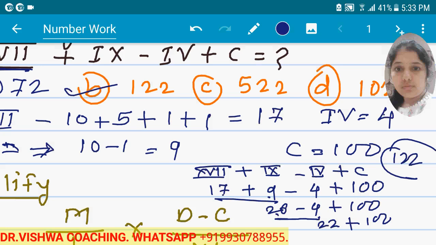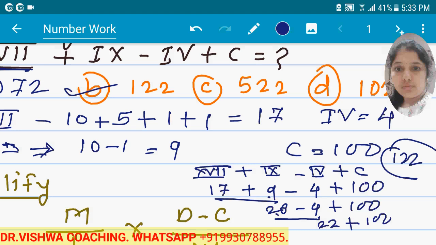So this is the way to solve when the numbers are given in Roman format and the answer is given in international format. You have to write those Roman numbers in international numerals first and then do the operation. Here for addition and subtraction there is no specific rule. You can add or subtract whatever you want.